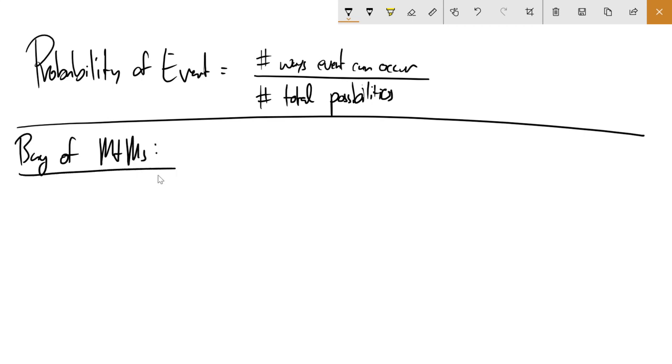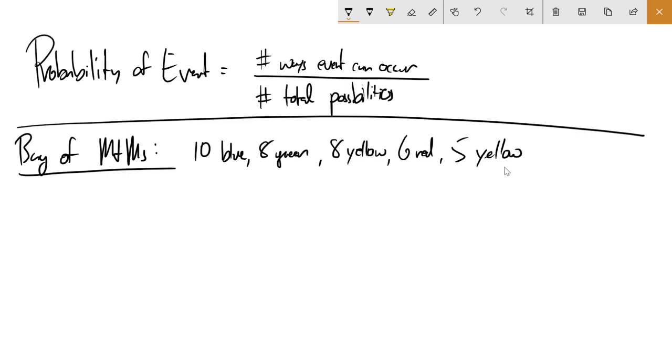And let's say in a bag of M&Ms there's 10 blue, maybe 8 green, I don't even remember the colors, yellow. There's blue, green, yellow. There's red, right? Let's say 6 red and 5 yellow. Already did yellow. It's brown.